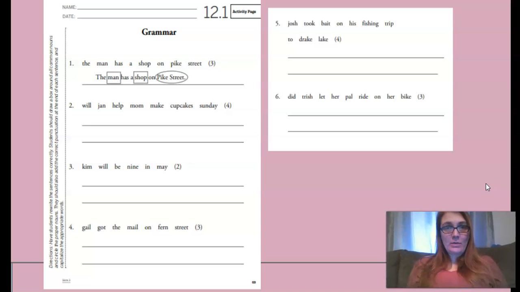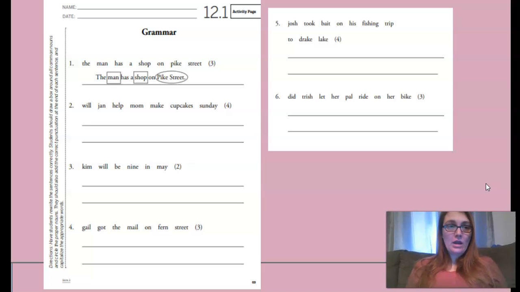The parentheses tell you how many nouns are in that sentence. But also specify between a proper noun and a common noun. So in number 1, again, it says the man has a shop. So man could be any man, shop could be any shop. They are common nouns. So you're putting a box around the common nouns. Pike Street is a proper noun. So circle all the proper nouns.